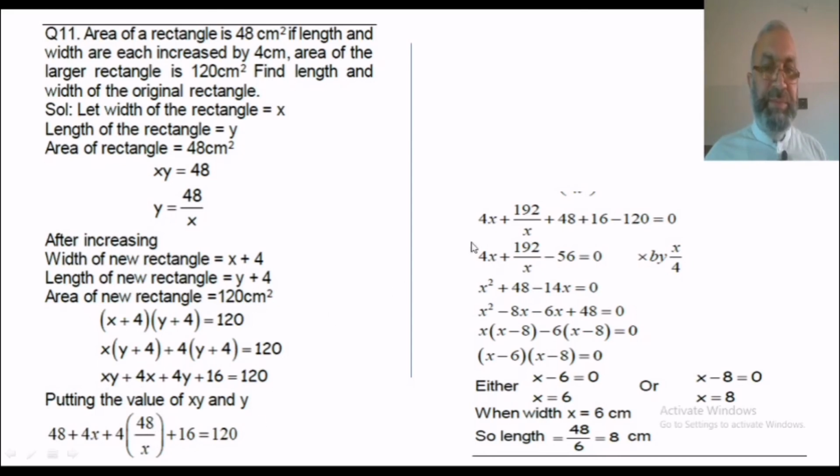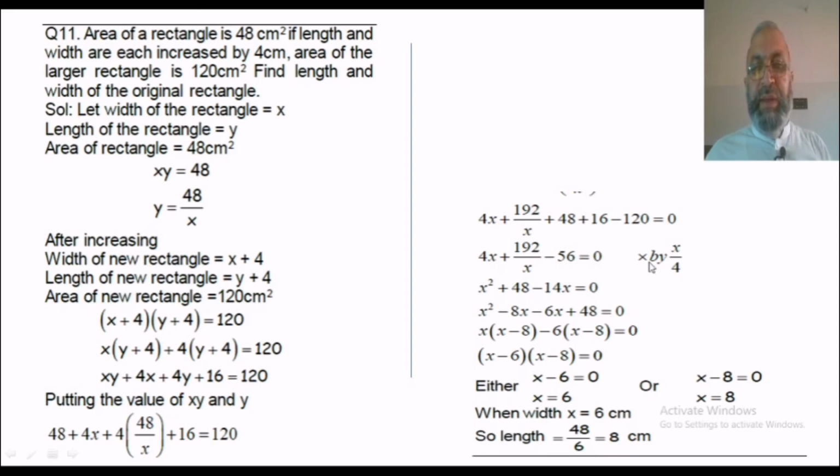Simplifying this term, 4x plus 192 by x, this is 4 into 48, plus 48, now the constant term plus 16, and transferring 120 to the left hand side, minus 120 equal to 0. Or 4x plus 192 by x, and 48 plus 16 minus 120 becomes minus 56, equal to 0.